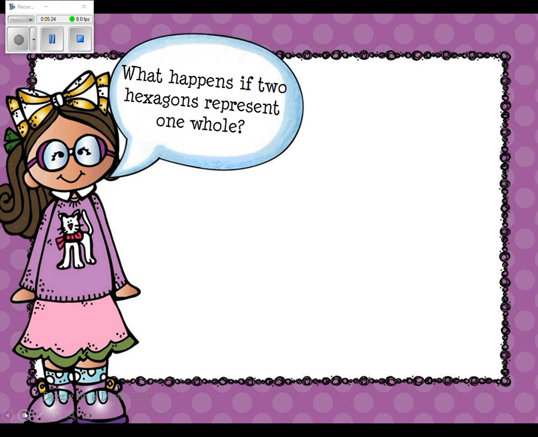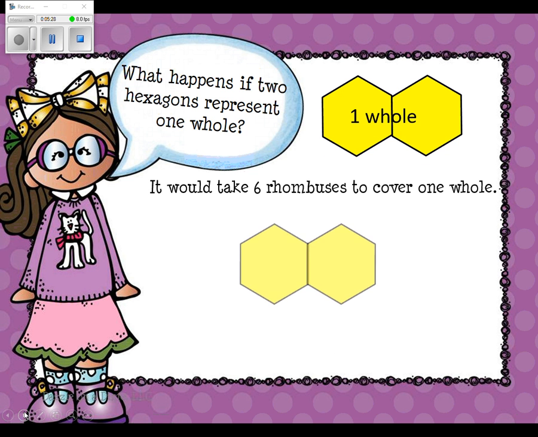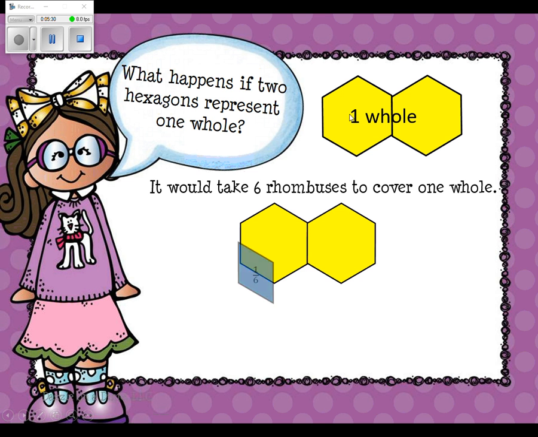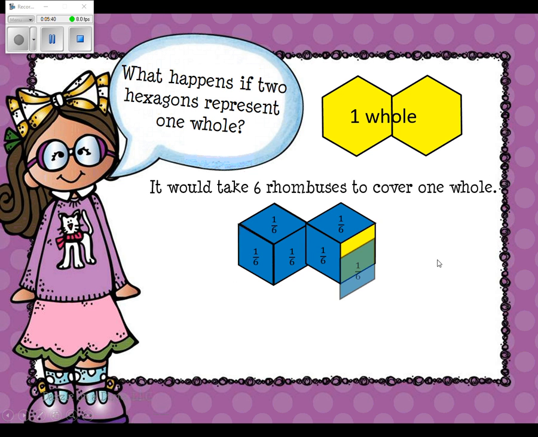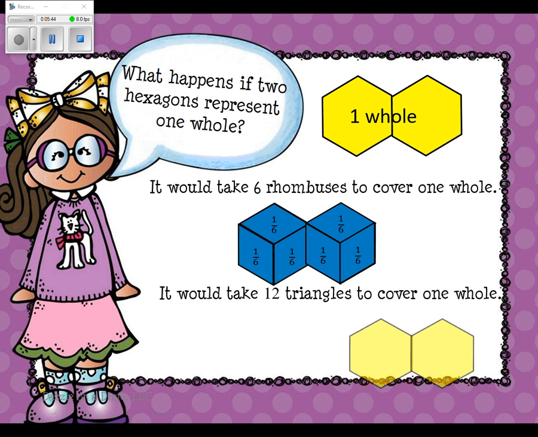What happens if two hexagons represent one whole? Notice how I have them connected. So all the way around the outside is one whole. This is not two, it is one. And then I'm going to break it up with 6 rhombuses here. And we're going to talk about how this is 12 triangles to cover one whole, 6 rhombuses to cover one whole.